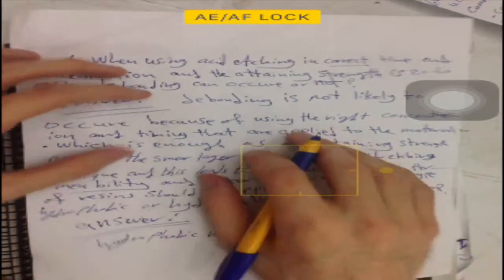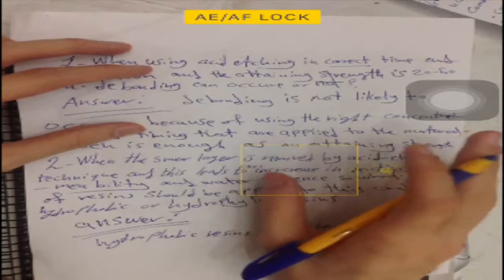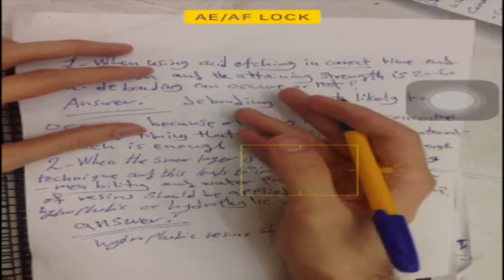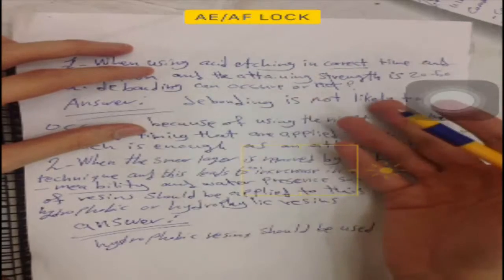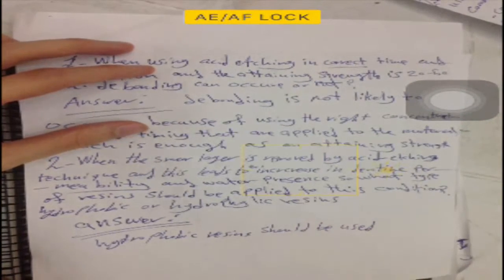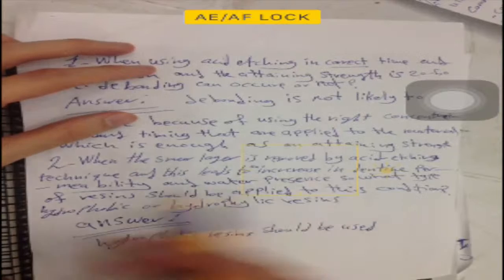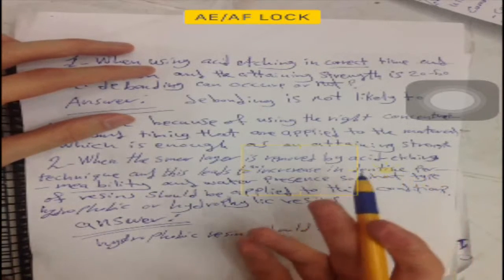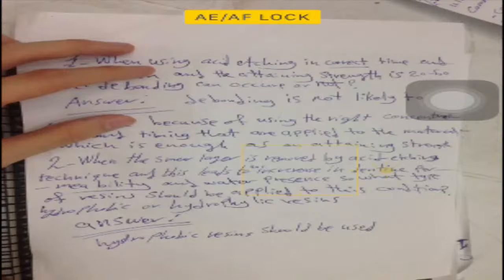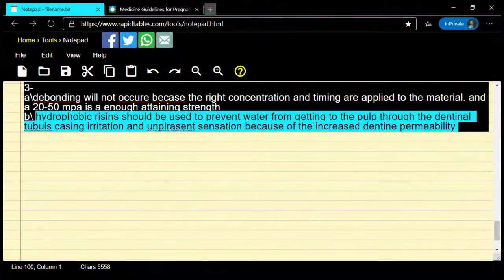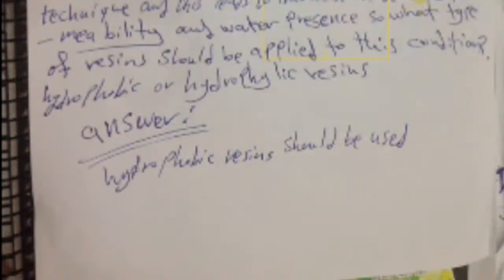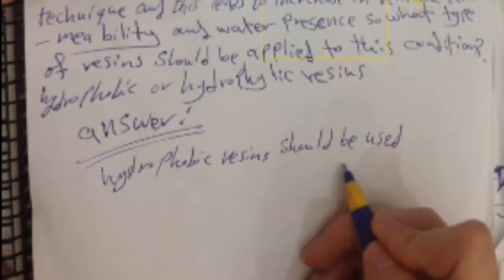Of course, we haven't studied this lecture or this question in general because it's a very hard one. But hopefully when we study this PowerPoint lecture, I'll share it and we will discuss it, and we will know what type of resin, but mostly I think it is hydrophobic. Next lecture we're studying is about pathology and about genetic engineering. Let's move on.